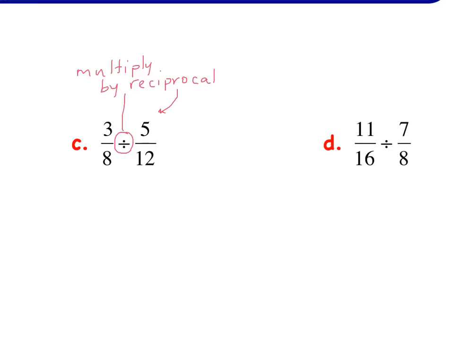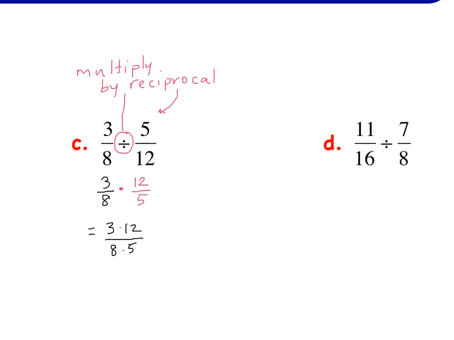So what this is going to look like is this is really saying 3/8. I'm going to change it to multiplied by the reciprocal, so 12/5. Okay, and so we can go ahead and rewrite this as 3 times 12 over 8 times 5.